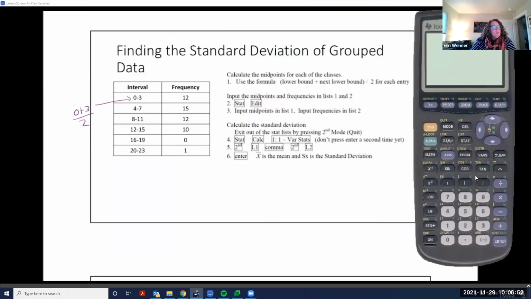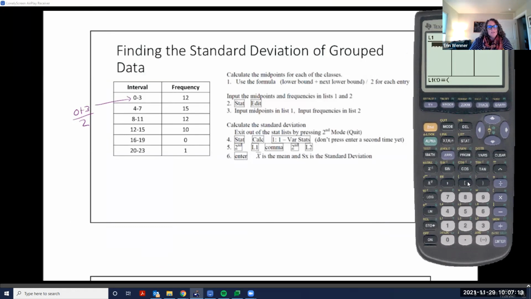If we go into stats and press enter, which gives us list 1 and list 2, let's clear those lists out. So instead of finding the midpoints ourselves, we can let the calculator do it for us.